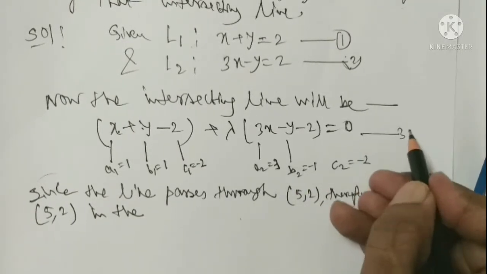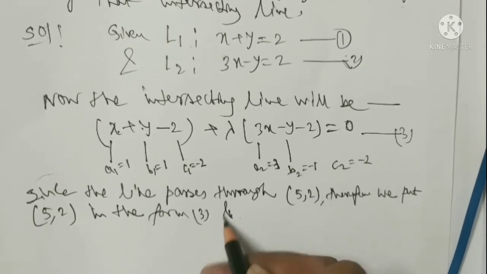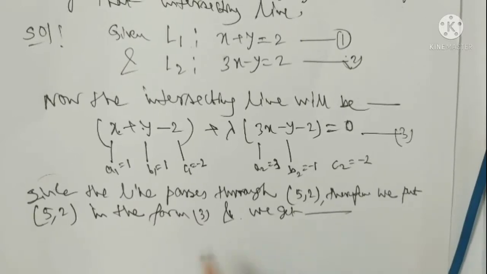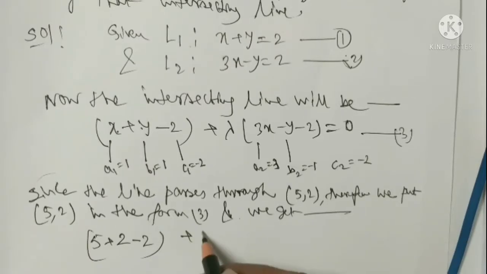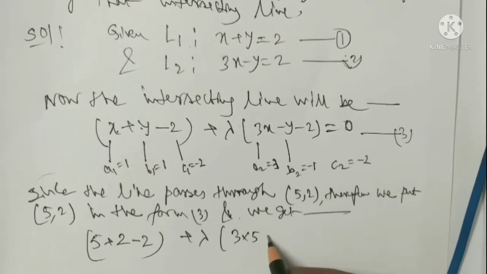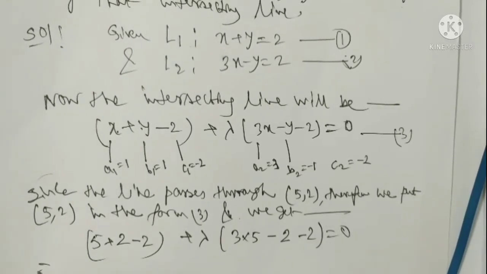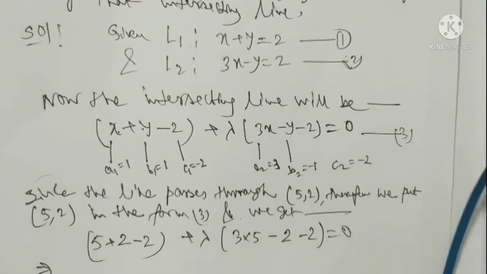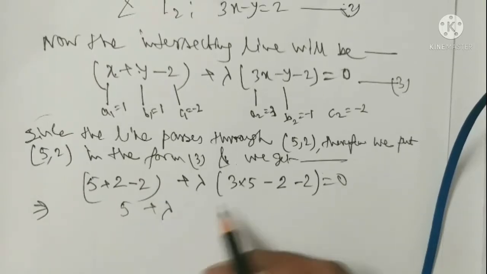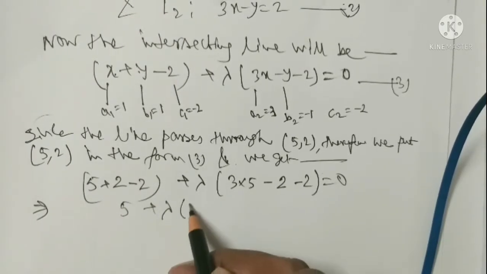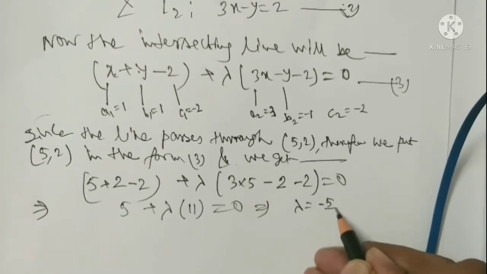Suppose this is equation number 3, and we get 5 plus 2 minus 2 plus lambda times (3 into 5 minus 2) equals 0. It becomes 5 plus lambda times (15 minus 4, that is 11) equals 0. That is, lambda equals minus 5 by 11.